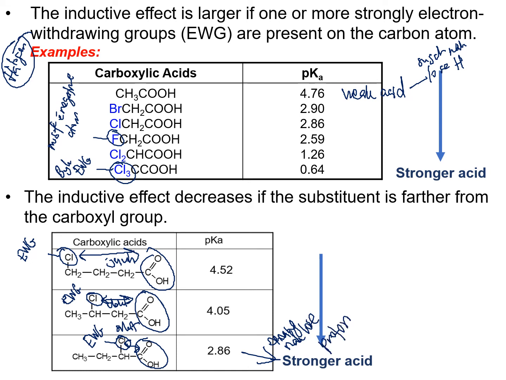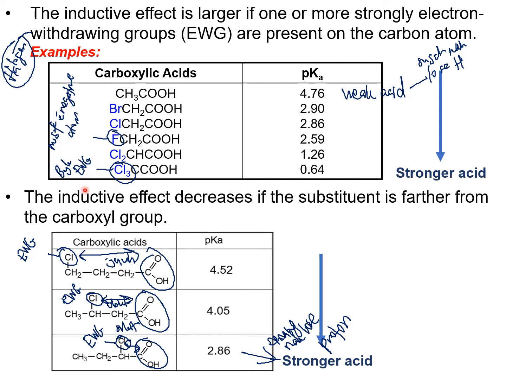You kena ingat acid kan is all about losing a proton. So kalau lagi senang dia nak lose proton, lagilah dia punya acidity dia tinggi. Tapi dalam faktor carboxylic acid ni, kalau EWG ni ada, maka senang nak lose proton.